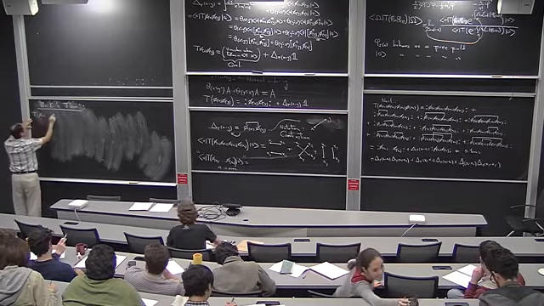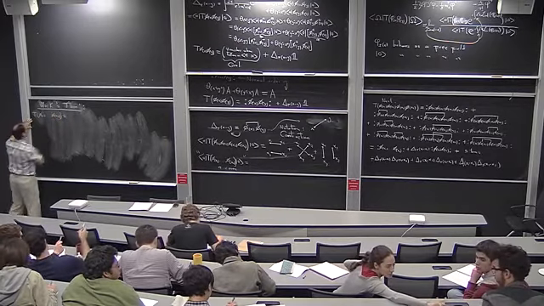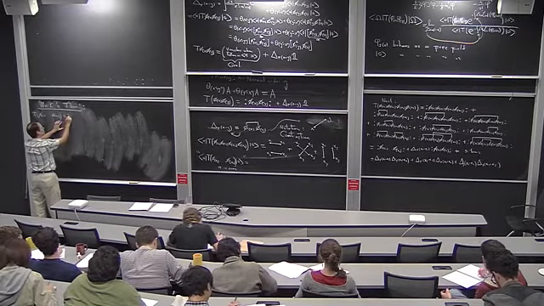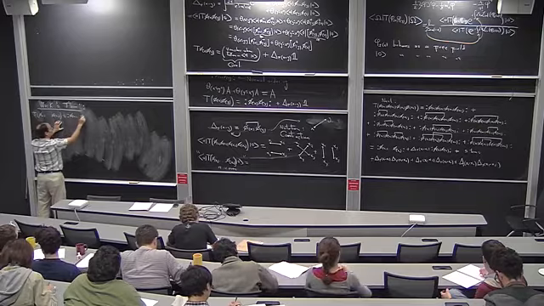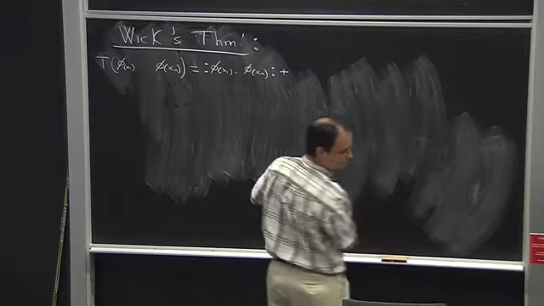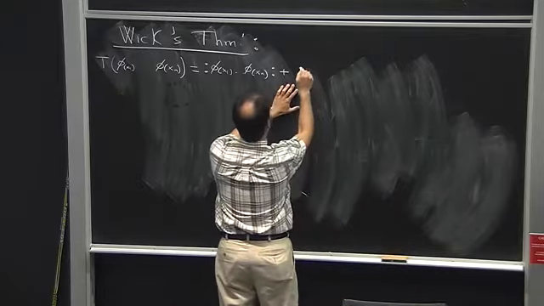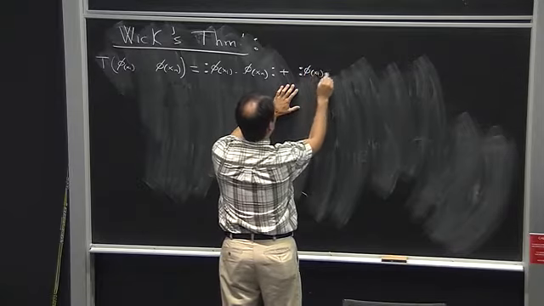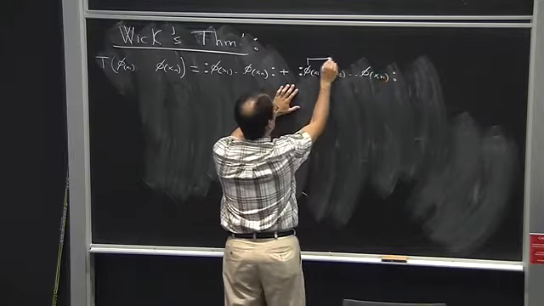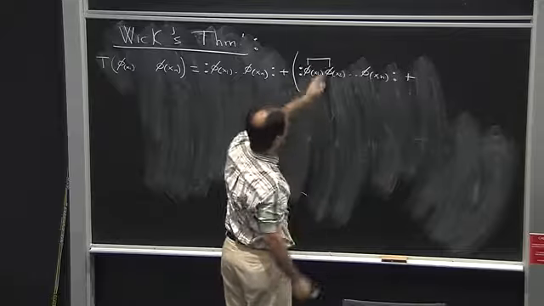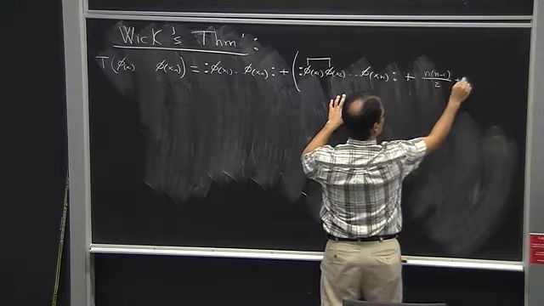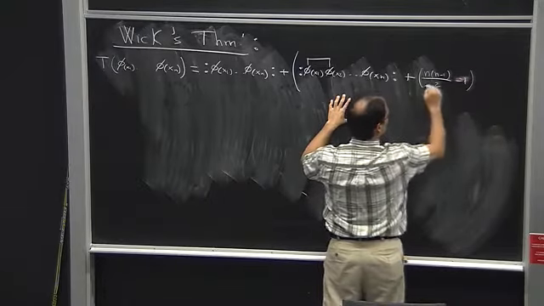if you have the time ordering of n operators, this is equal to the normal ordering of them plus terms like this with one contraction, of which there are n times n minus 1 over 2 minus 1 more terms.